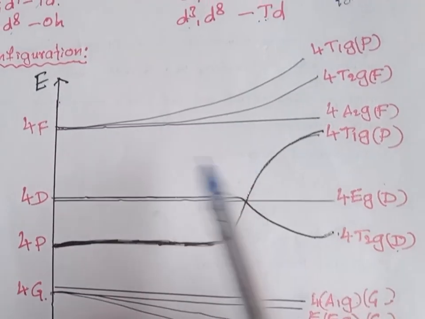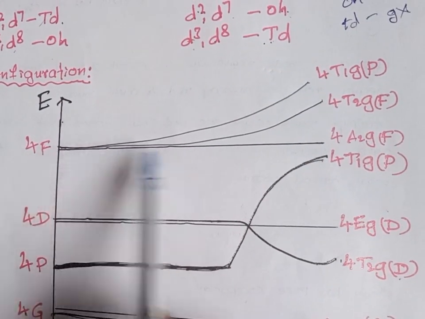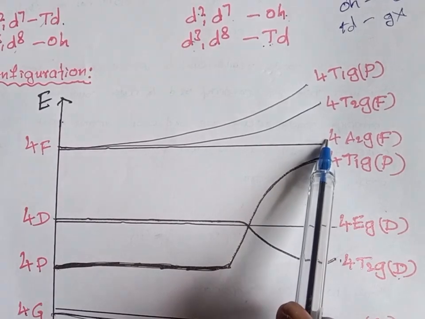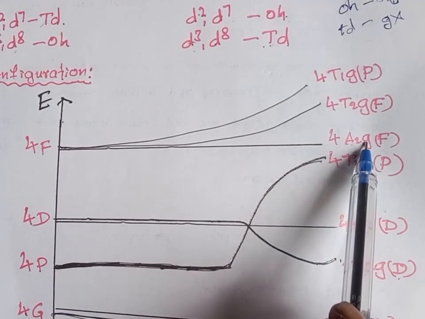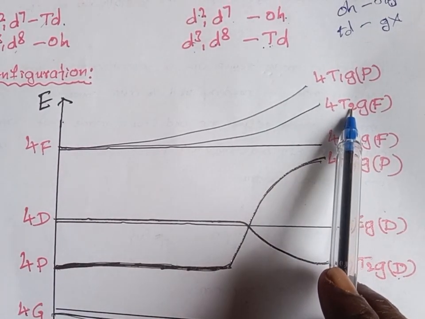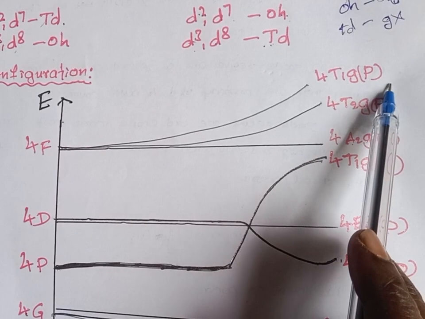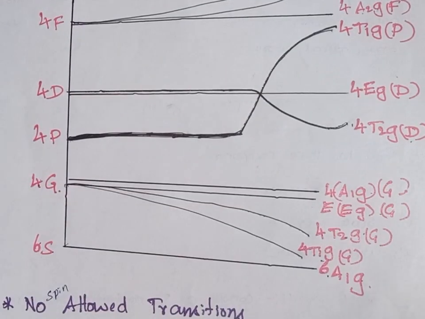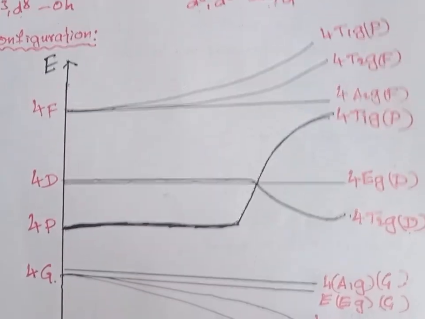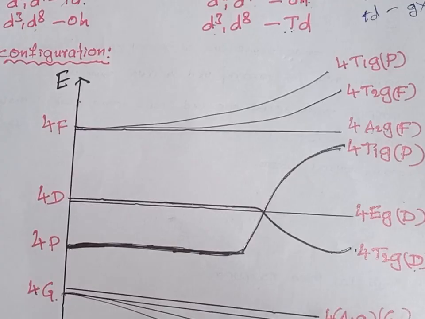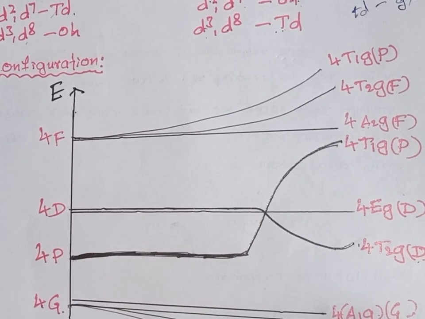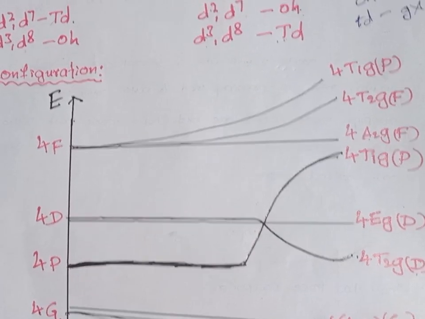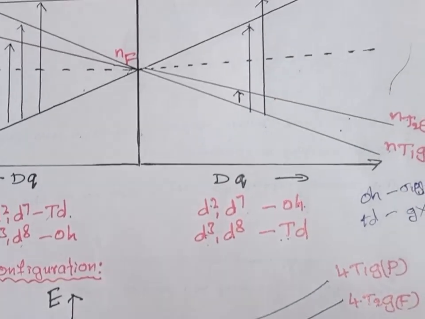Okay, this point is to be noted. And then the 4F term splits into 3 different energy levels: 4A2G is the lowest energy level, T2G is the next, and T1G is the highest energy level. So this is about Orgel diagrams. In coming videos, we'll discuss the Orgel diagrams applicable for octahedral and tetrahedral complexes.